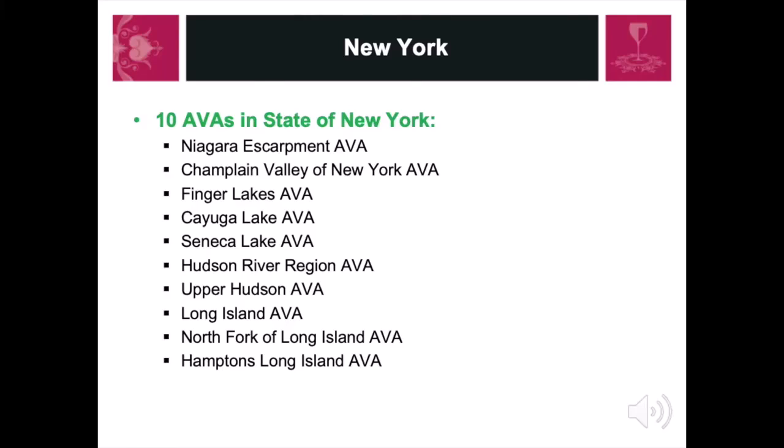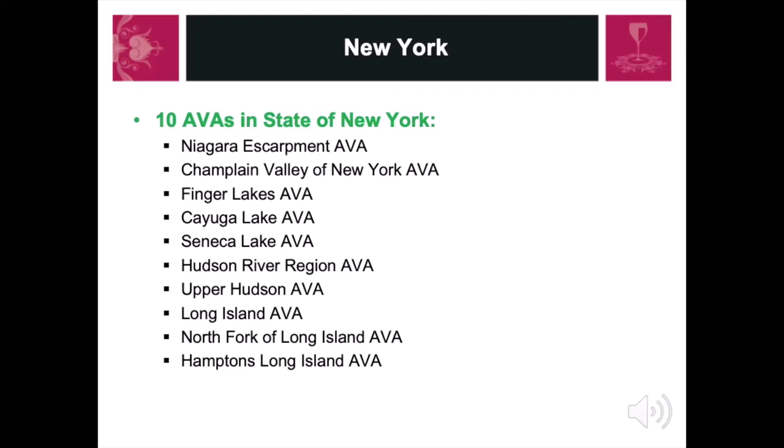Okay, I like to just jump right in here and share with you, I'm sure you read in your atlases, that today there are 10 AVAs in the state of New York. That does not seem like many compared to California, but I suspect that we will see more coming, sub-AVAs and individual AVAs in coming years.